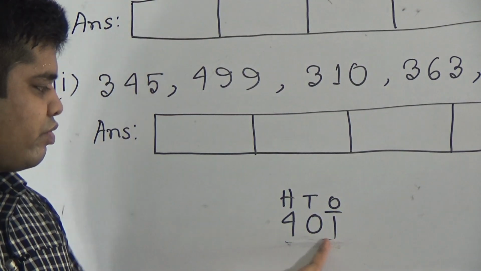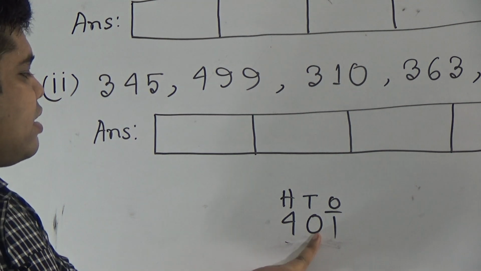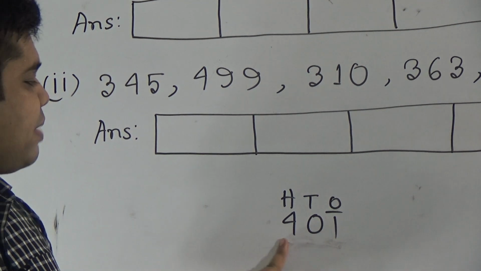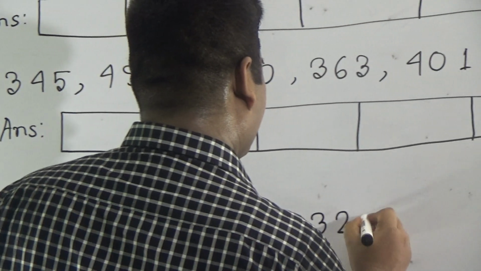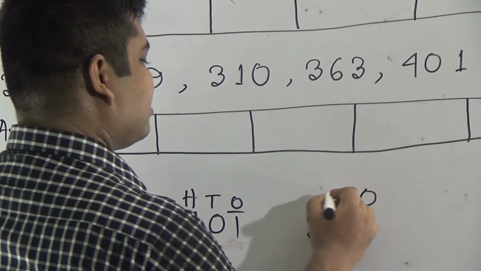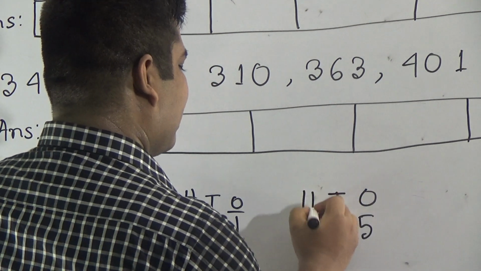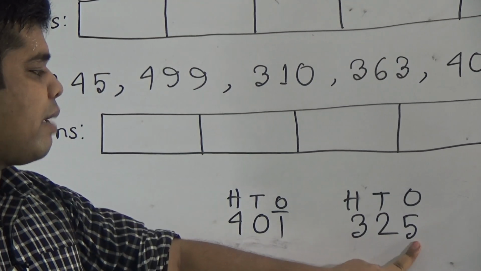For these reasons, we can read the number as 401 because tens place is 0. Here another one, 325. Here 5 is in ones place, 2 is in tens place and 3 is in hundreds place. And we read the number as 325.